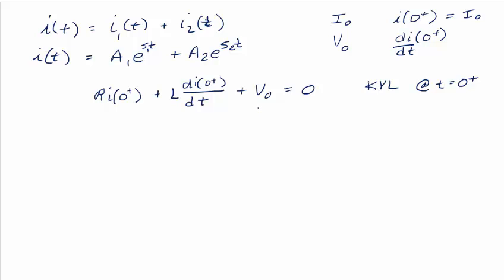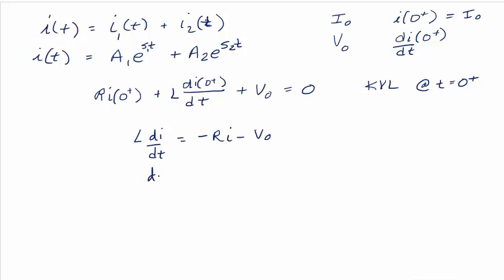So we come up then with, we want to solve for this part right here. So we have L di dt equals minus R I minus V0.